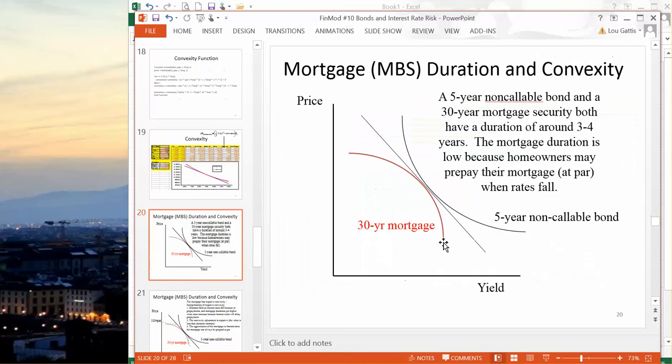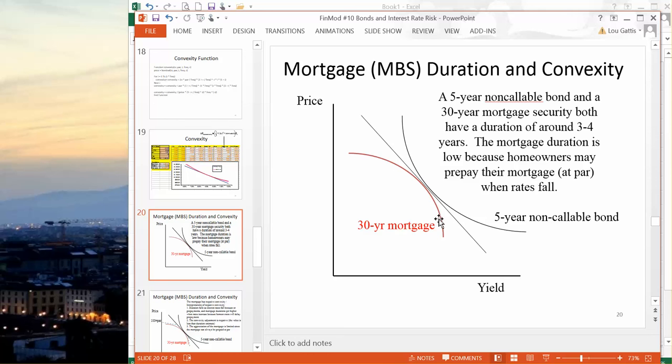Let's just talk a minute about mortgages. Now mortgages, say a 30-year fixed rate mortgage, you can think of it as a 30-year bond in which the owner of the bond has the ability to prepay at any time. Now a normal, say 30-year bond, or say 5-year bond, whatever it is, a non-callable bond, would have positive convexity.